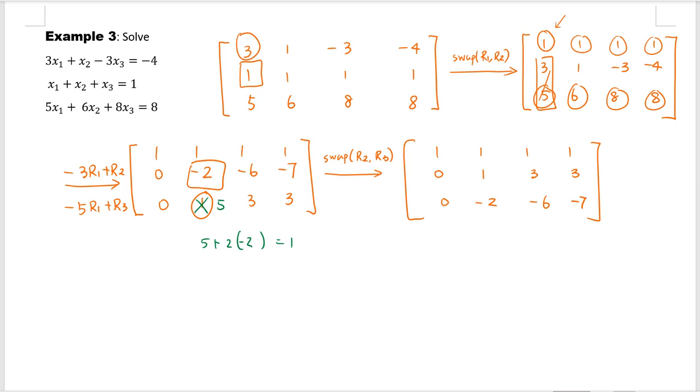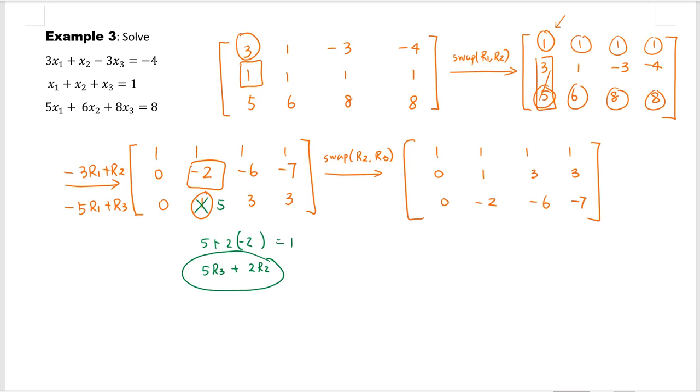Then you can do 5 row 3 plus 2 row 2. This is the row operation you can do. Is that okay, everyone? So we're trying to avoid fractions. We can use some linear combinations of row 2 and row 3 and try to get 1 in that entry.